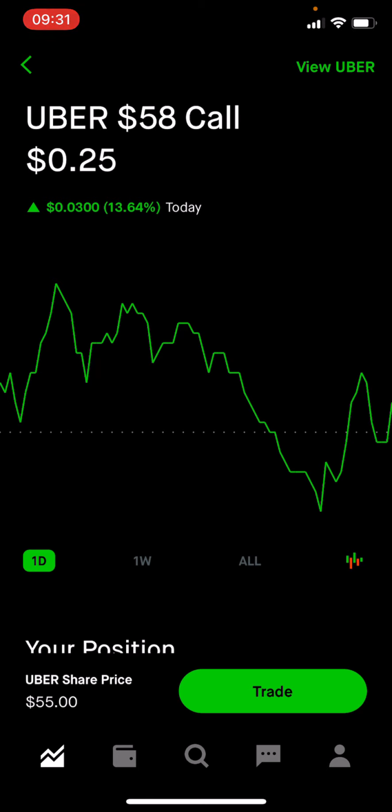So you don't have to worry that, oh, it's red, everything is red. Actually, that might be a good thing, because if things are going in the wrong direction, you can get a put and make some money out of it. You can do covered calls and make some money at the same time when it's a red market. There are so many ways to benefit, but I wanted to make sure I covered the basics first, and then from there we can move on to the next level.